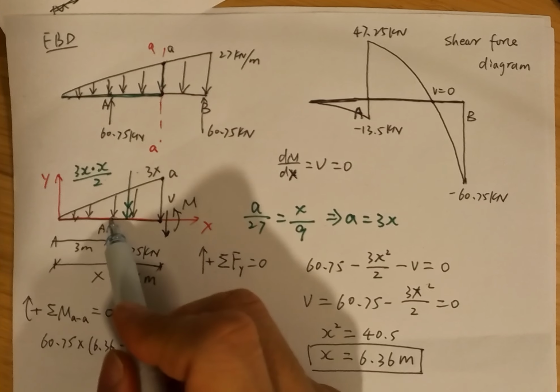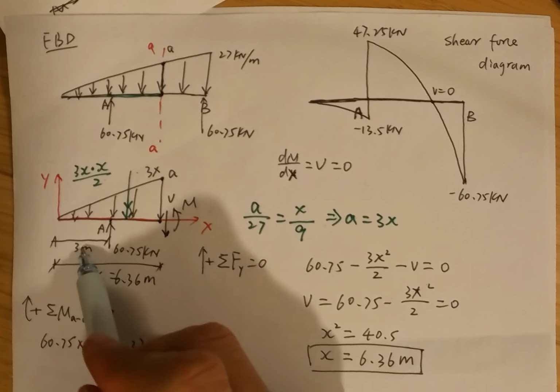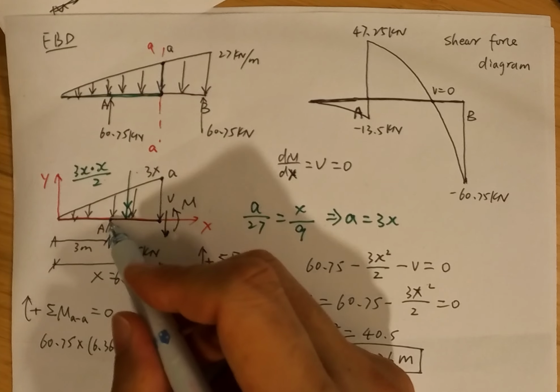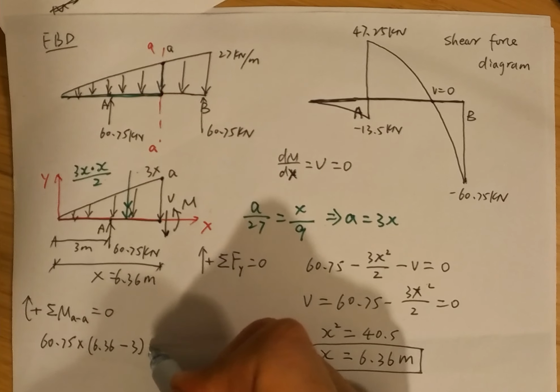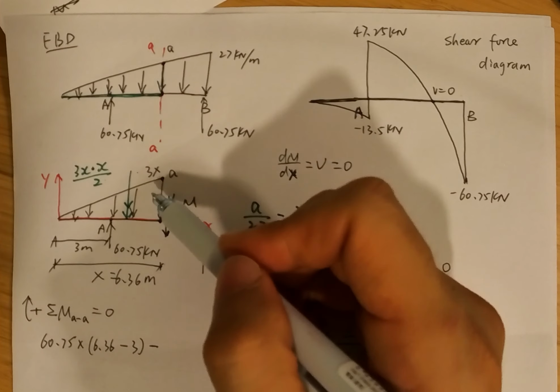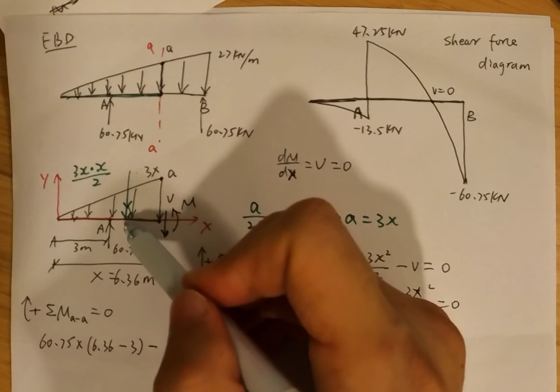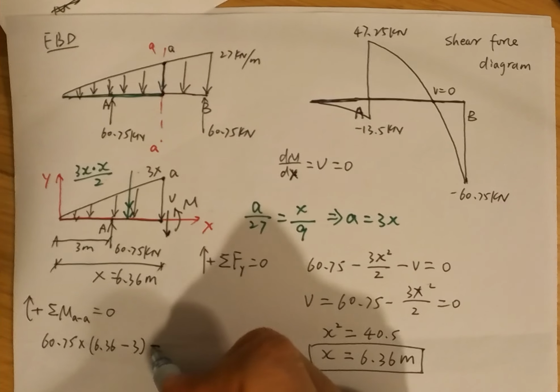This is the distance from A to the section, 6.36 minus 3 meters. Then we need to find the bending moment due to this resultant force. Because this bending moment is counterclockwise, it's negative.